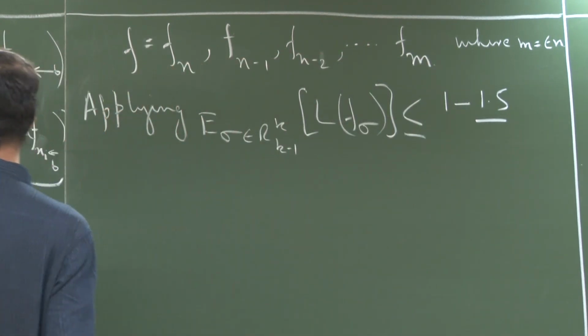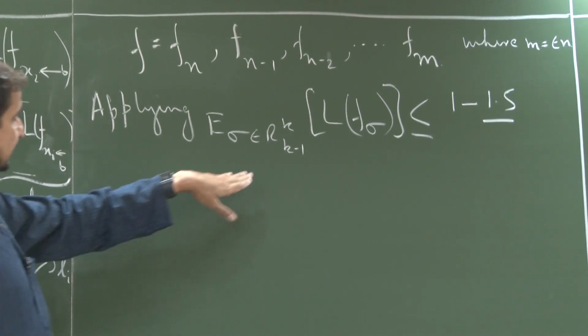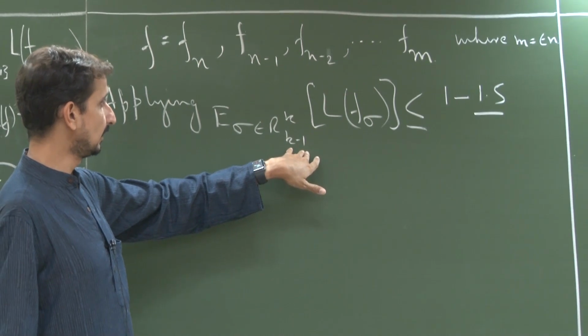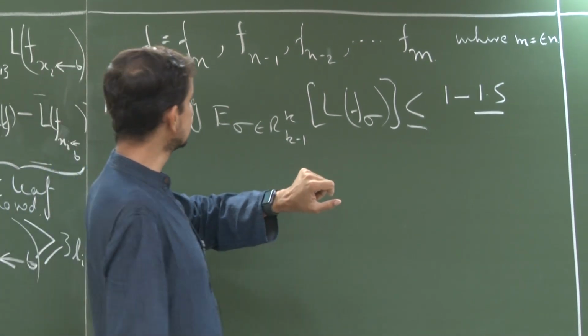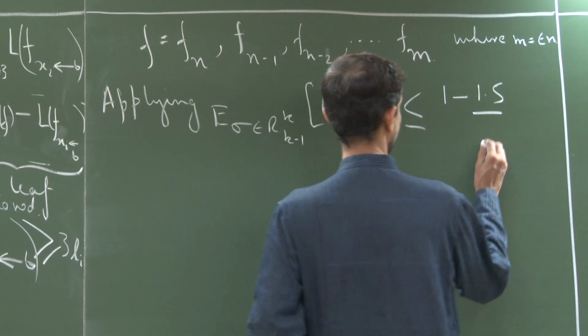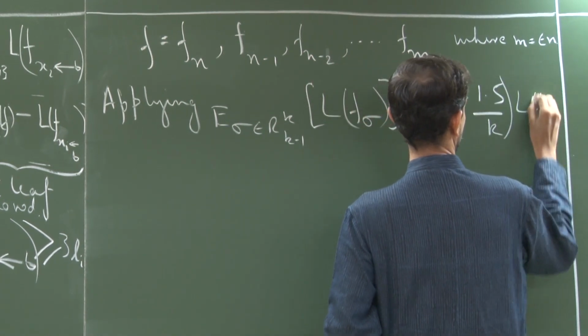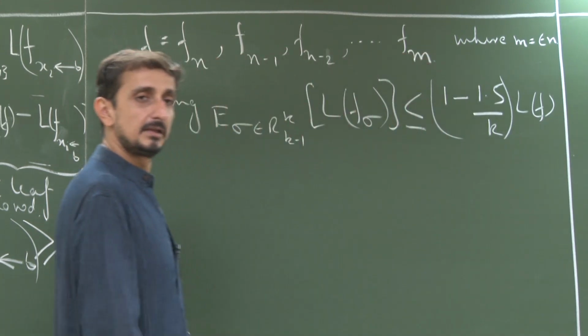So, here I am restricting from k to k minus 1, so the denominator is k over here, times L of f. So, f is some k variate function.